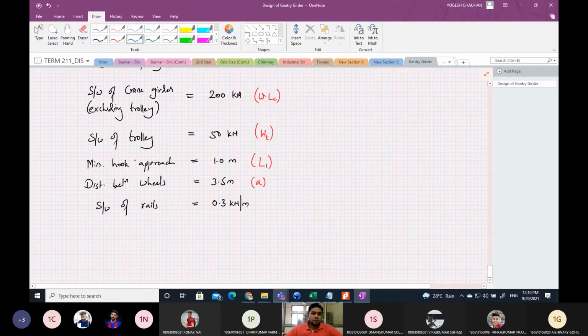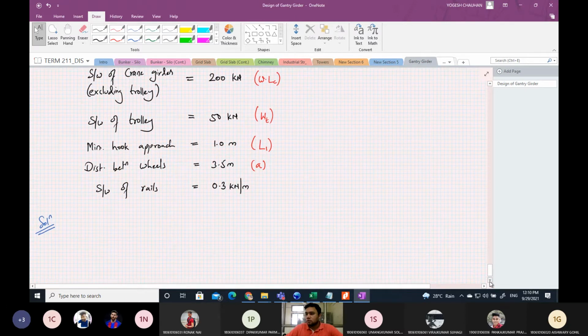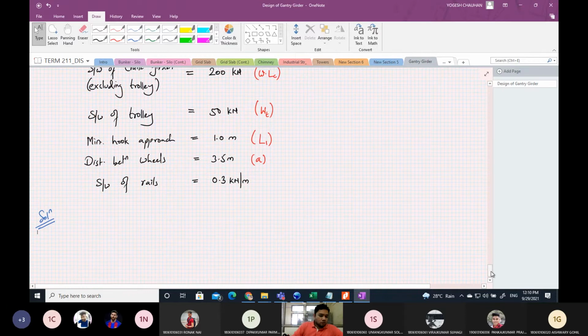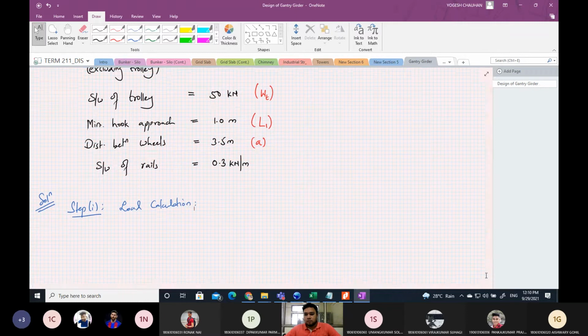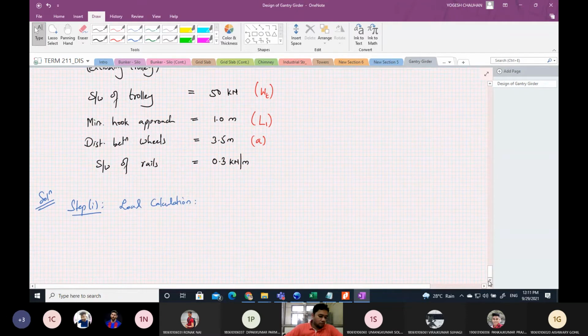Let us solve this. So the first step is load calculation. So we first find the bending moment.